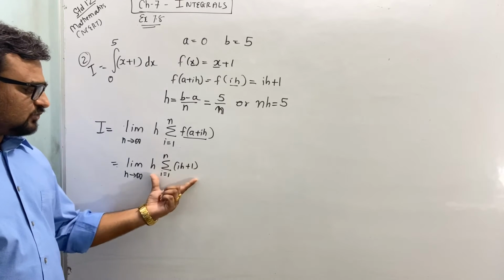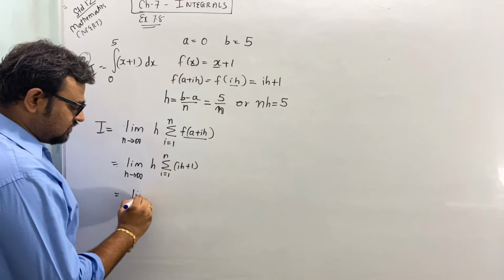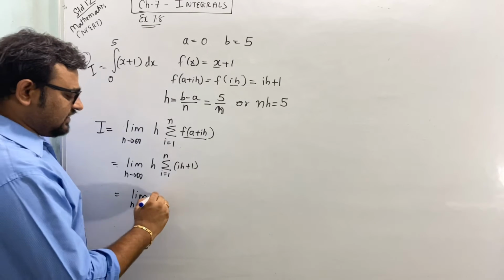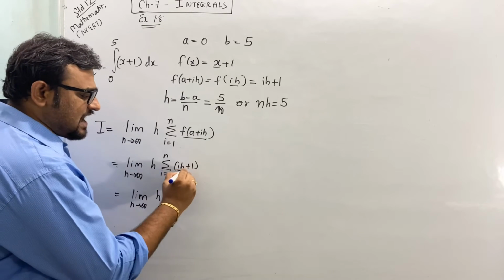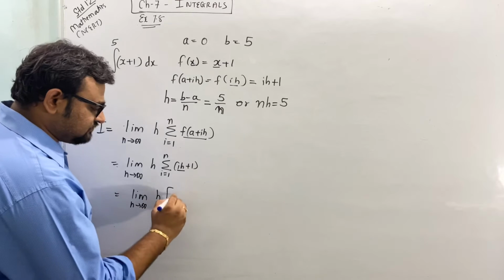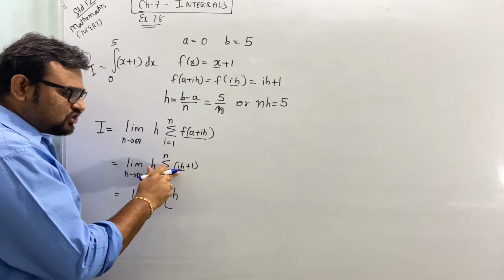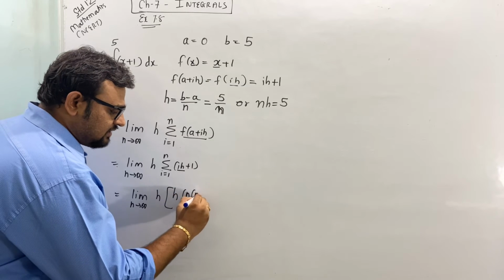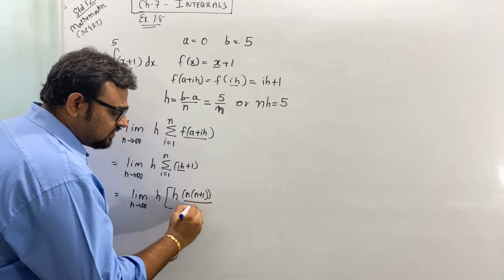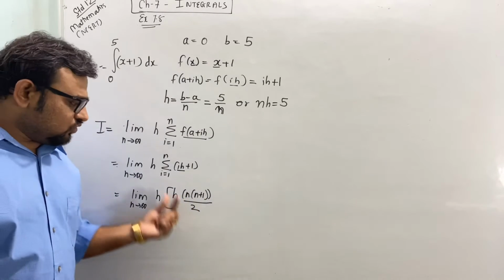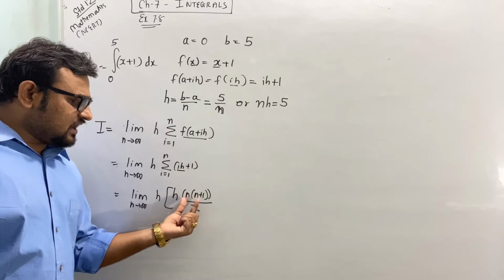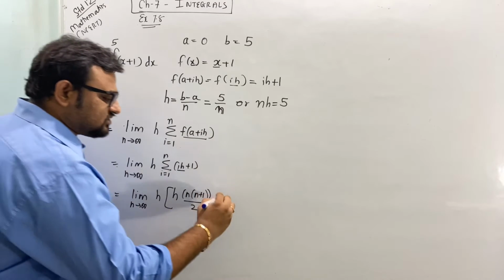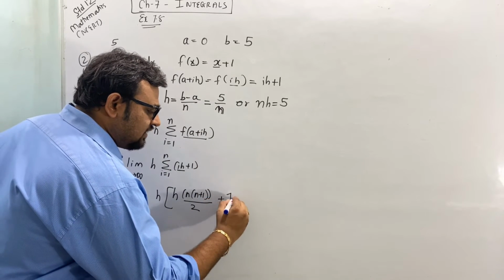Clear? So I just put the value. Now, limit n tends to infinity, h is constant. Okay. So summation of i plus 1, h times summation of i plus 1 upon 2. Okay, h as it is, summation of i, plus 1 constant, so this will be 1 n.